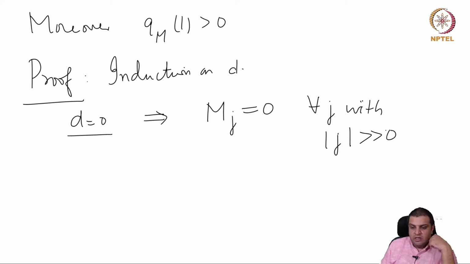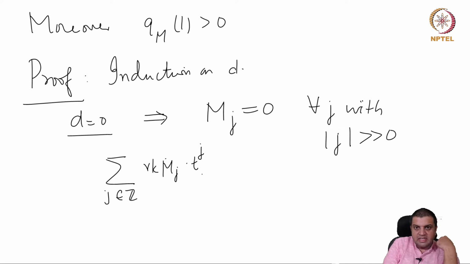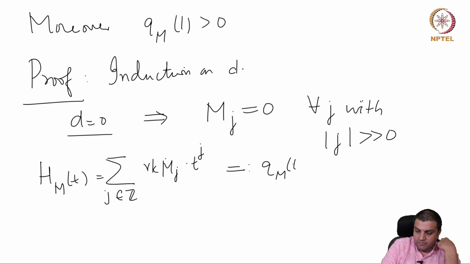In other words, if you write this sum, there are only finitely many terms in it. So this is H_M(t), and we can just define this itself as Q_M(t).